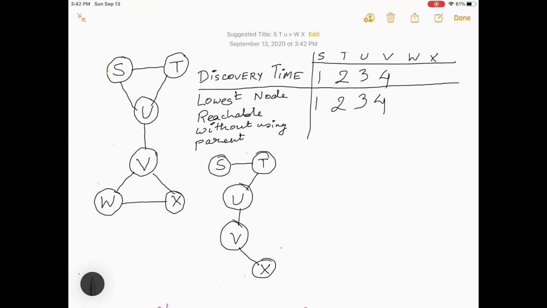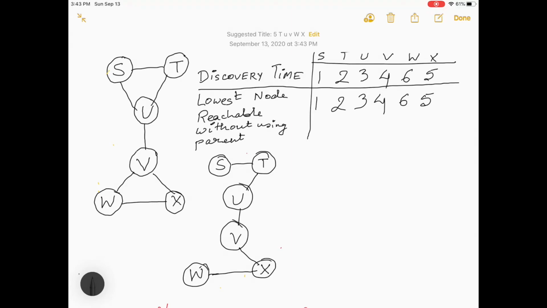Then let's say we go to X. So the discovery time of X is 5. Then we go to W, and the discovery time of W becomes 6. Now we check all the adjacent vertices from W to see if we are getting a better earliest reachable node than we have currently assigned to it.